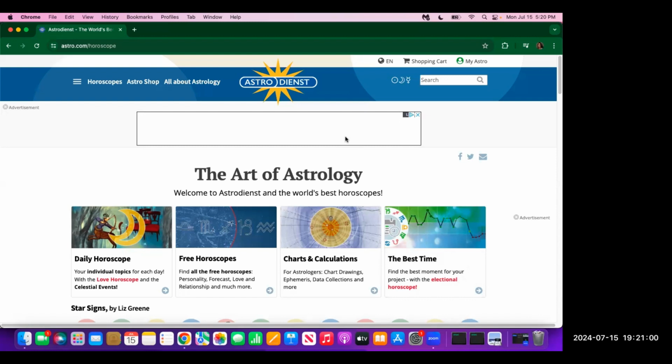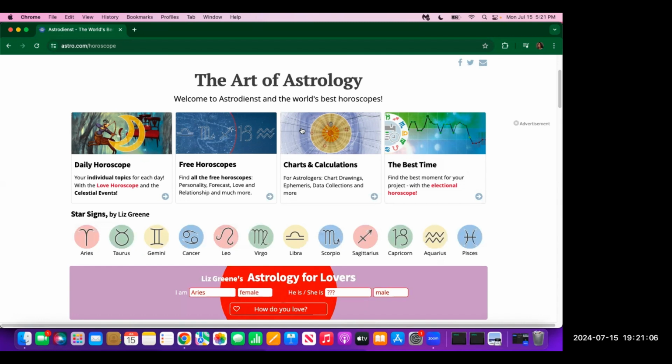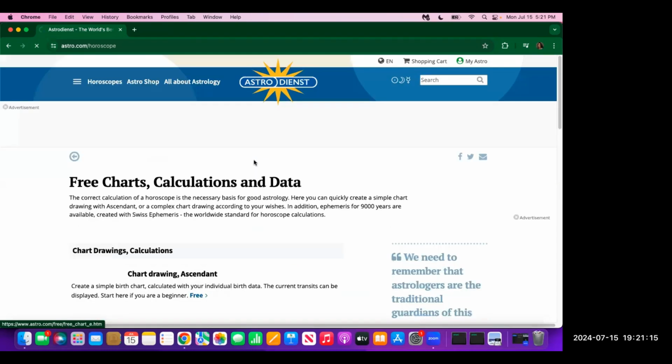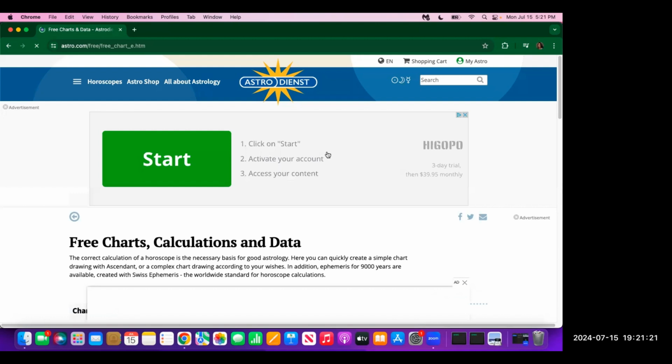The second thing that we're going to want to do is go to this section. Thank you for the thumbs up, guys. That's really helpful because I can't see anyone. The next thing that we're going to want to do is go to this section called charts and calculations. We'll want to click that. And then it will bring you to this page that says free charts, calculation, and data.